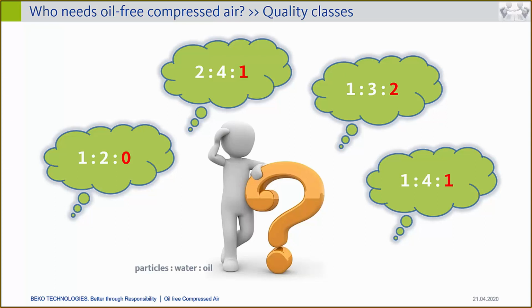Because class 1 already defines the amount of oil to be equal to or lower than 0.001 milligram per cubic meter. So in fact, there is no reason to communicate any value which is classified in class 0. And anybody in compressed air should be very careful to communicate or agree alarm values which are lower than 0.01 milligram per cubic meter.